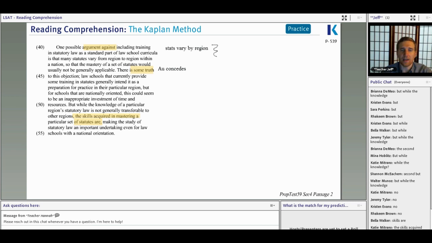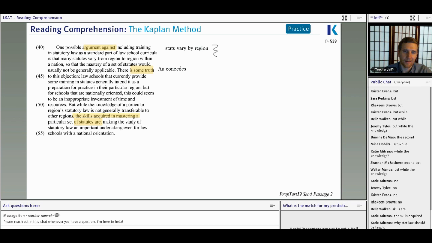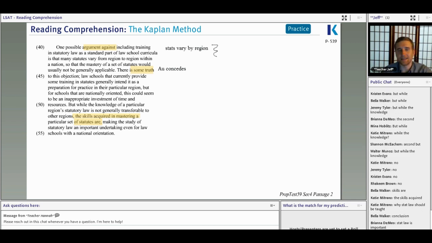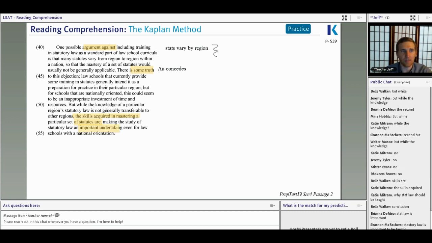And what does the author end up saying at the end that we're not surprised to read at all? The author, what? Right. The author is still saying that it's an important undertaking, right? As we'd said before, you would not want to say important undertaking there because that's like sort of two separate ideas. Instead, we would recommend you marking one of them in the sidelines.